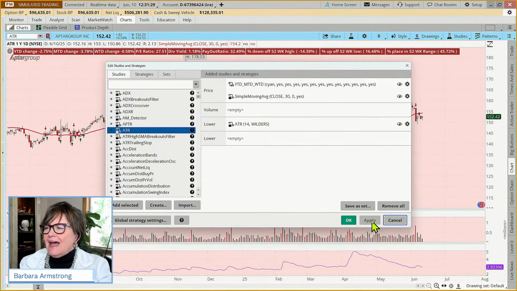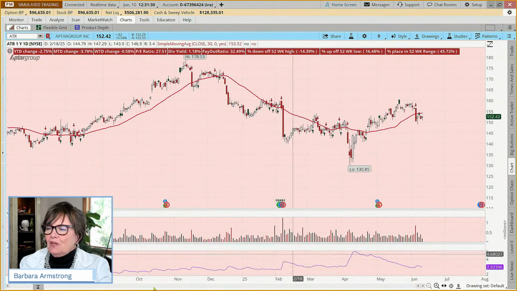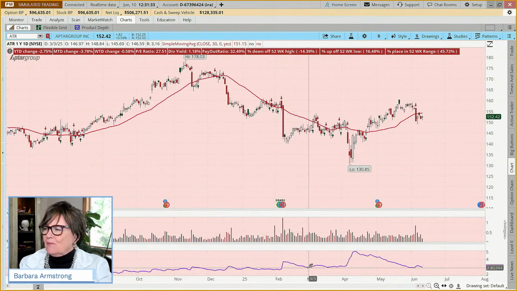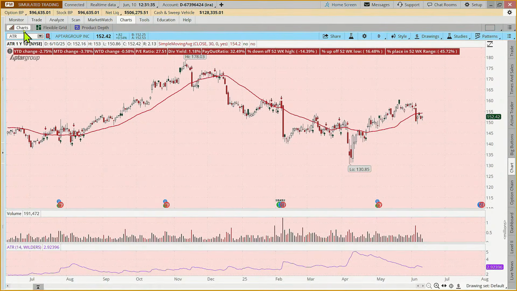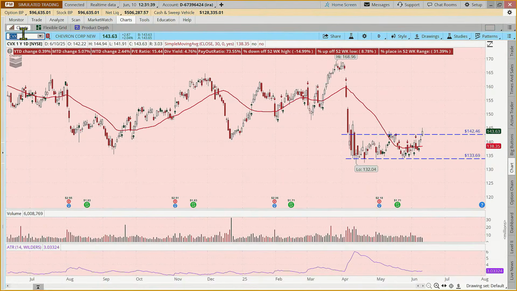So if I add, and this is an indicator that shows up at the bottom of our charts, we can see if we come and we look at CVX, for example, here's a stock that was kind of all over the place, right? And then it had this big drop and it's consolidated. So we have kind of this double bottom pattern and it's breaking out.